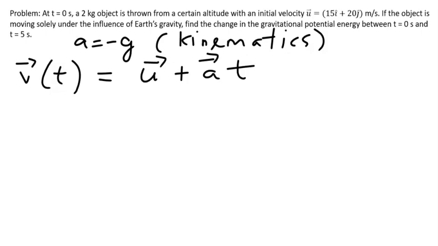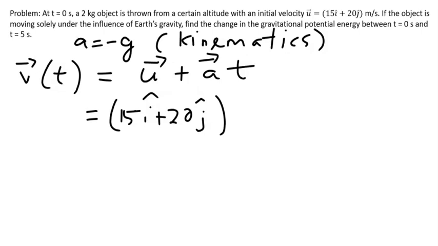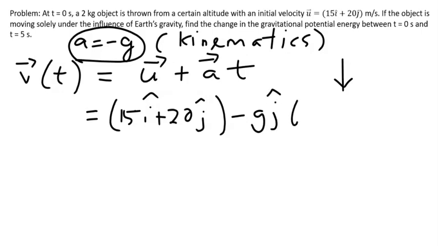So let's substitute the expression for u, which we know is 15 i hat plus 20 j hat meter per second. Acceleration is minus g because the acceleration is downward. So it's minus g j hat times time.